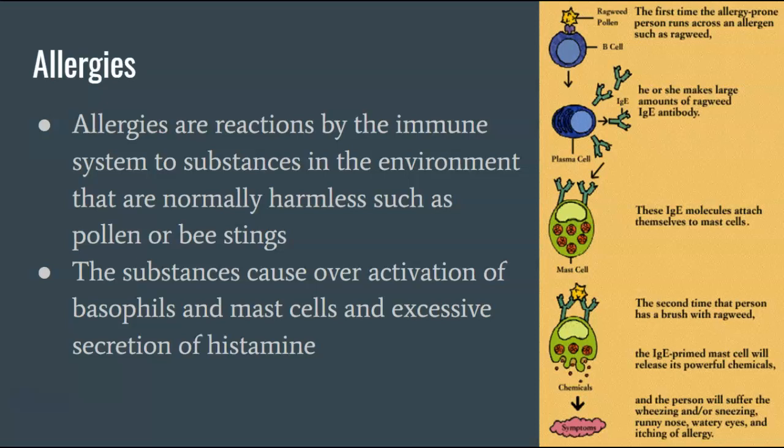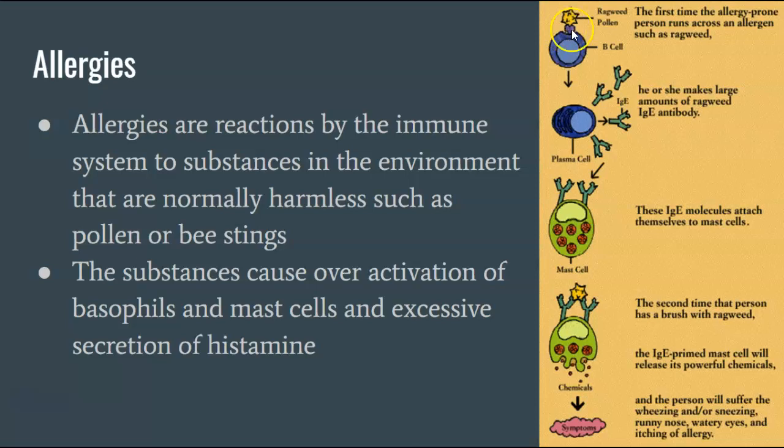The substances that cause this allergic reaction cause overactivation of basophils and mast cells and an excessive secretion of histamine. So just so that we're clear, we have a very similar situation here where the person who has allergies runs into an allergen. Like for me, I am allergic to literally grass and trees.